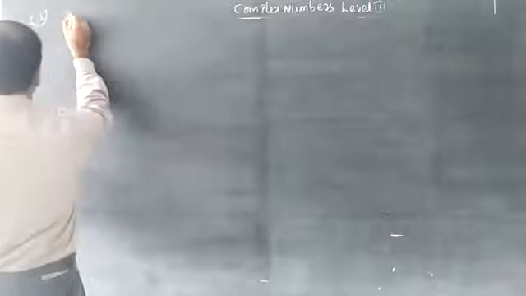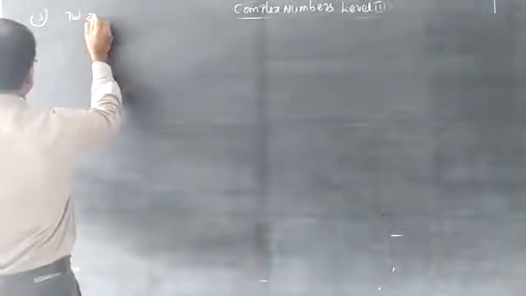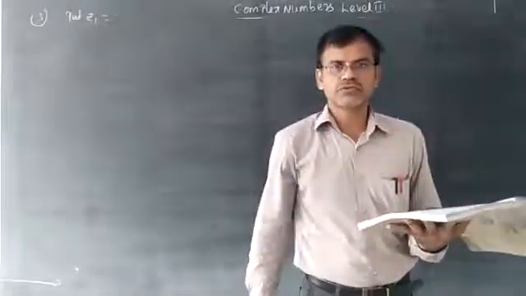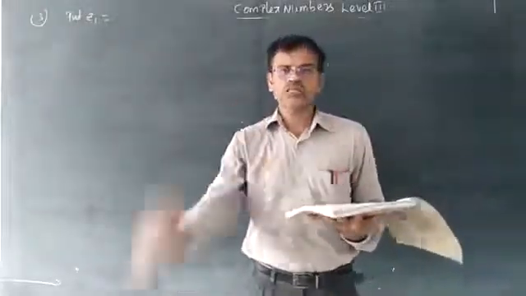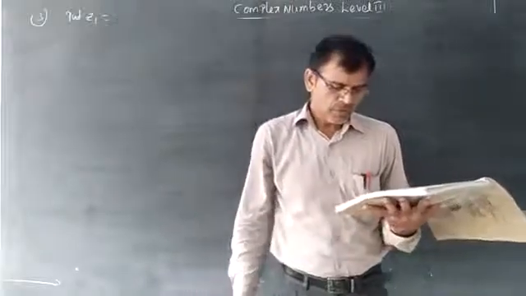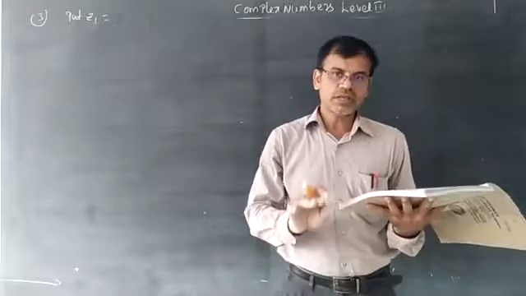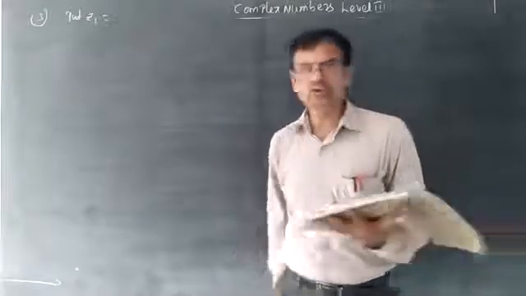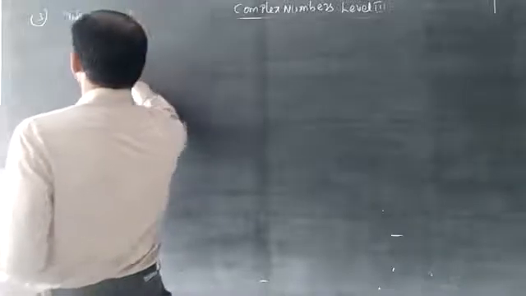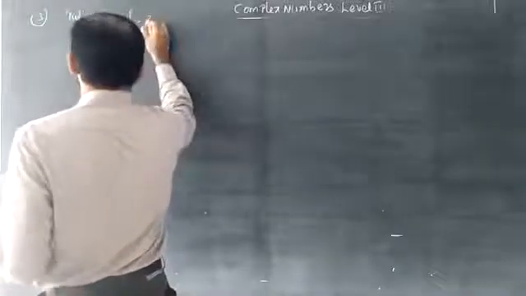The procedure is there, but according to the condition it is better to use a shortcut. Z1 not equal to Z2 means two complex numbers are not equal but their magnitudes are equal, and Z1 has a positive real part and Z2 has a negative imaginary part.